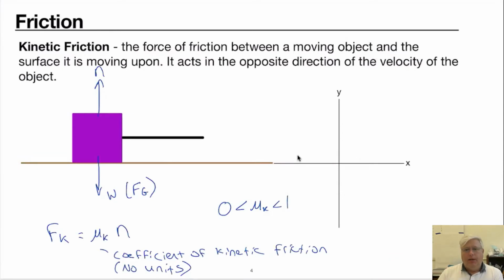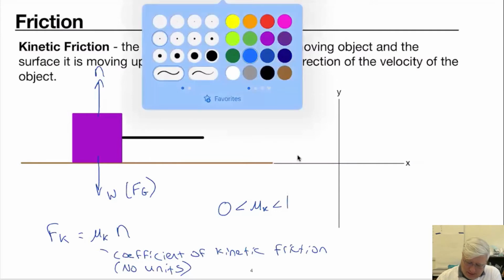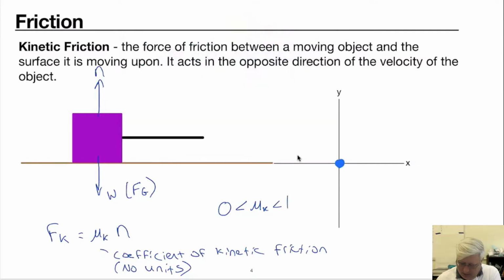So if the object moves, let's do a free body diagram. Let's say this is our box and we apply a force. Let's say applied, that's our pulling force or tension in the rope. We can call it tension or whatever we want.